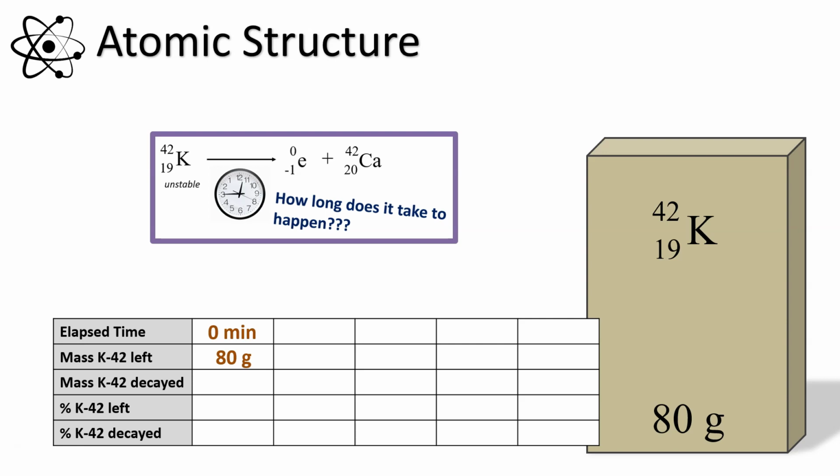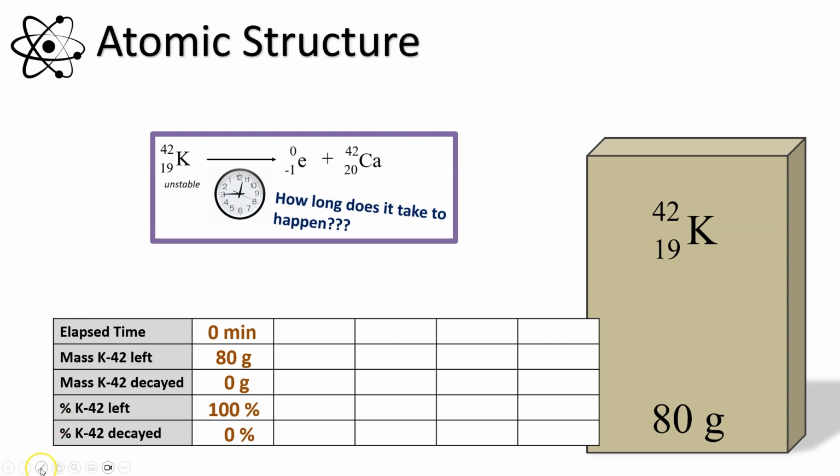Obviously, because nothing has happened yet, right? This is the very beginning. That means nothing has decayed. We haven't lost any potassium 42 yet. And in terms of percentages, 100% of the potassium 42 is still there, and that means 0% has decayed.